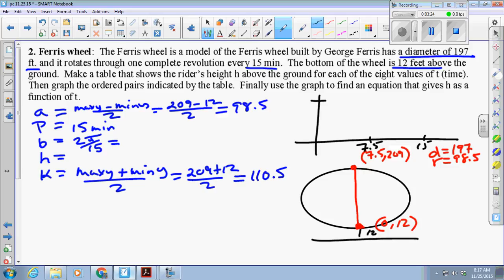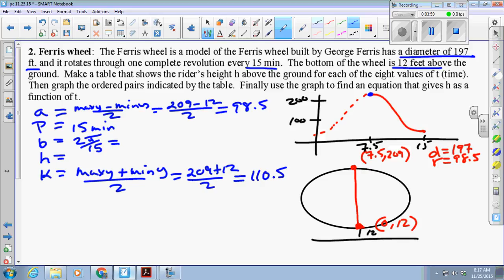So if I take this up to 200, 100, and I start plotting points, the high point at 7.5 is going to be all the way up here at 209, and the low point is going to be at 12. So what happened here is we've got this half of the period. And when we started the graph, this thing started like this, and there's my cosine function.